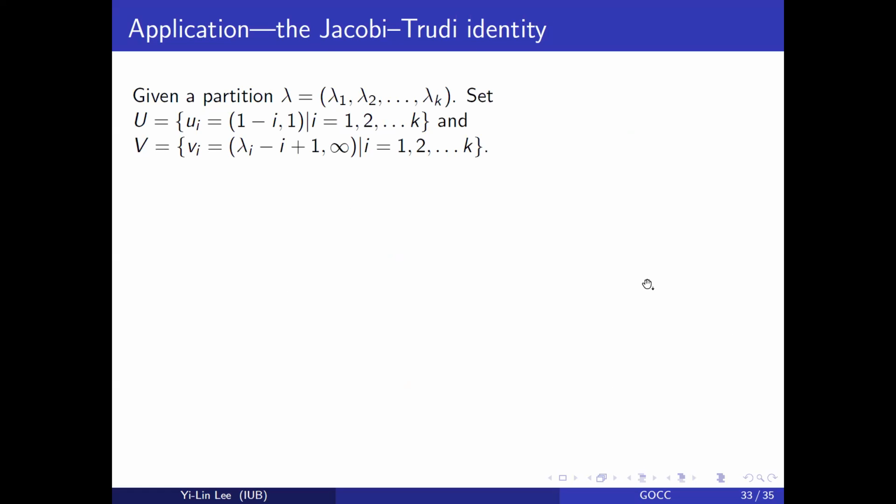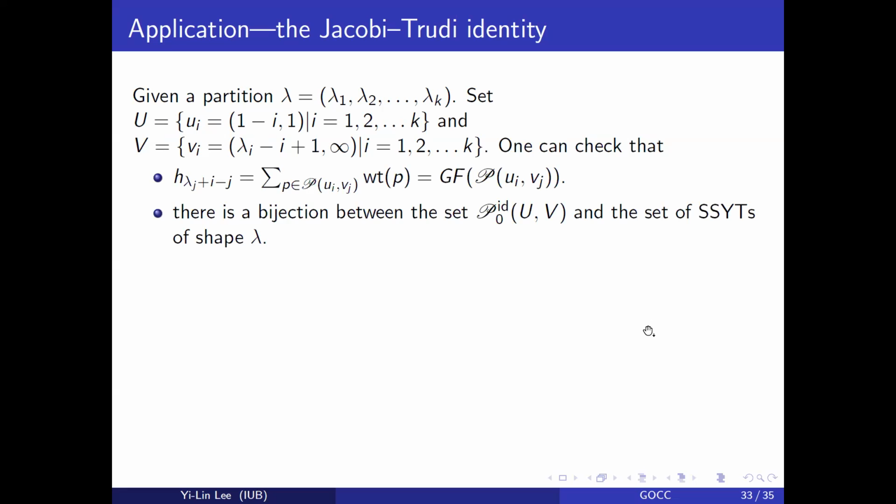Okay, so in order to prove the Jacobi-Trudi identity, we have to specify where the sets of starting points u and ending points v are. So given a partition, the sets of points u and v are given here. You can check that the homogeneous symmetric function is exactly the weighted sum of paths going from u_i to v_j.